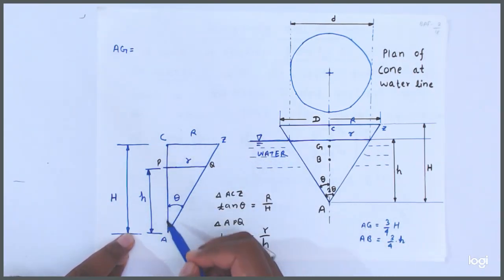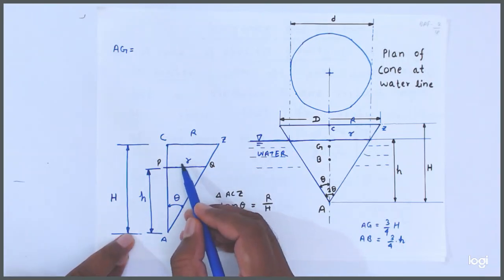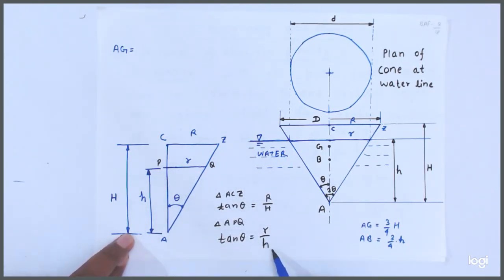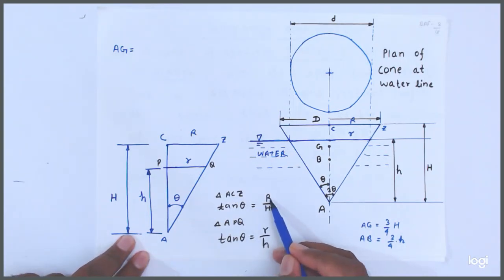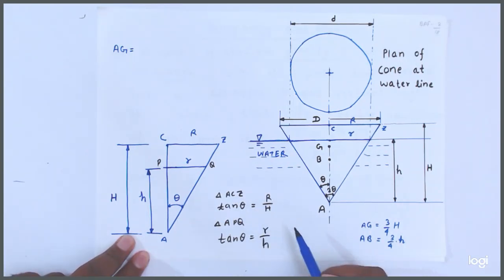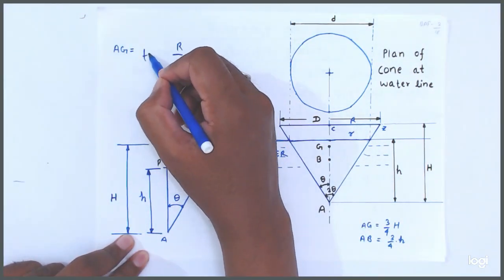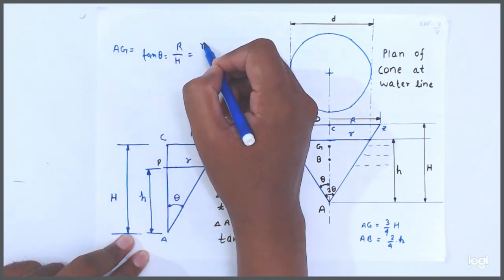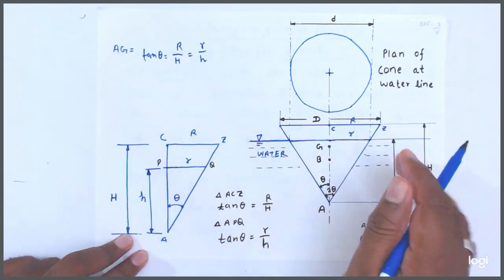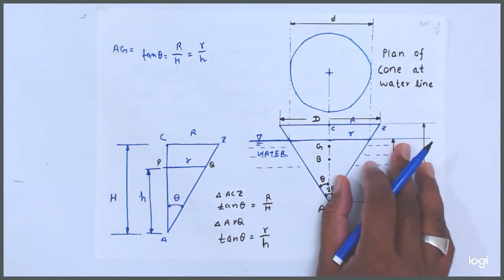Capital R upon capital H. Similarly in APQ, tan theta is equal to small r upon small h. So from here you can say that this ratio will come: tan theta is equal to capital R upon capital H, equal to small r upon small h. We can use this relation in the derivation.